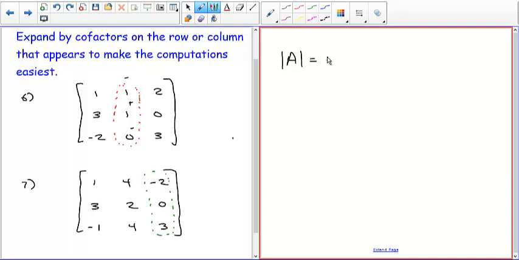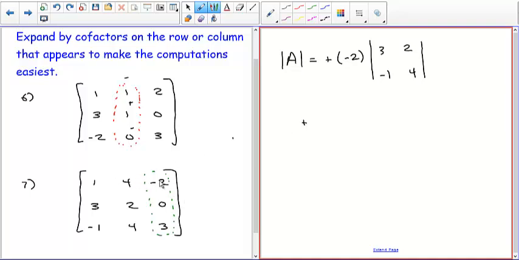So we're going to have plus this number, negative 2, times the determinant of the cofactor by crossing out row 1 and column 3. So that leaves these four: 3, 2, negative 1, 4. And then we have 0, so we don't have to worry about that. So we're going to skip that one.